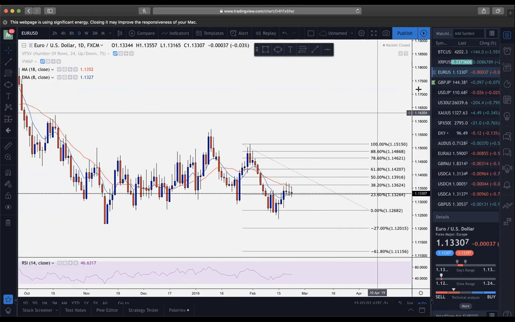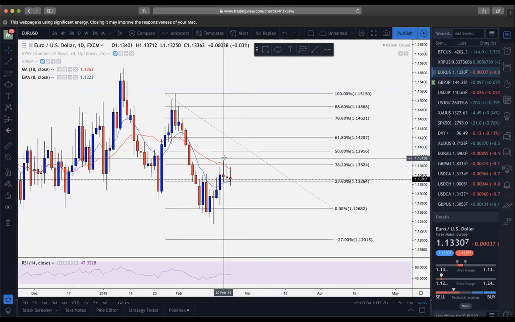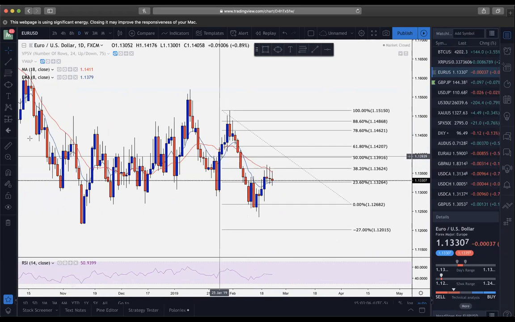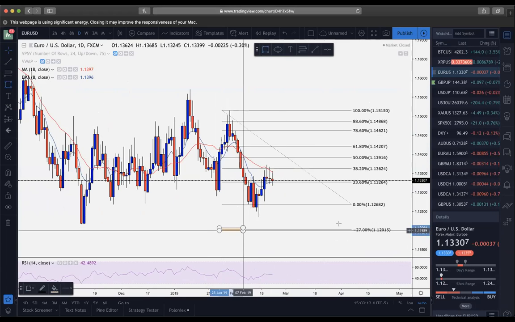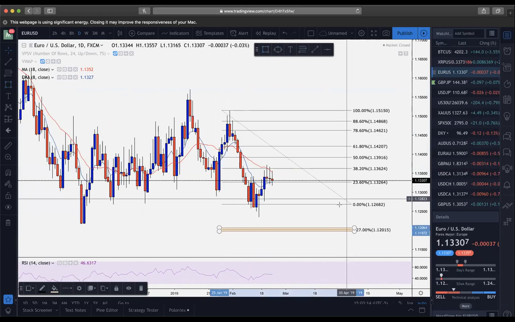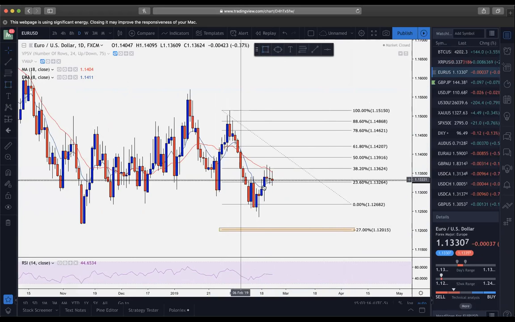Which, you know, could be a possibility. I mean, like the dollar could get strong and put EU low. But I mean, this is a possibility.